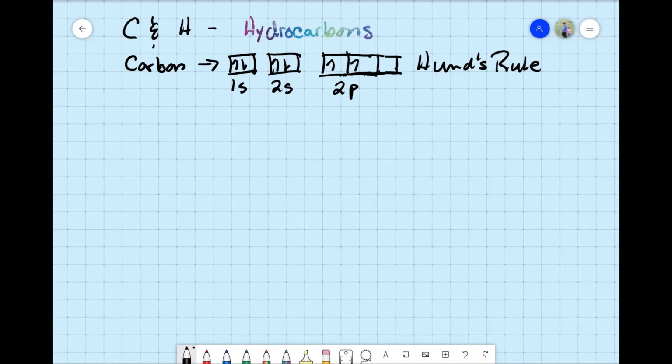Something interesting happens, and we get sp hybridization, and I'm going to talk about sp hybridized orbitals a little bit later, or sp3 hybridization, excuse me. sp3 hybridization occurs particularly in the case of hydrocarbons.